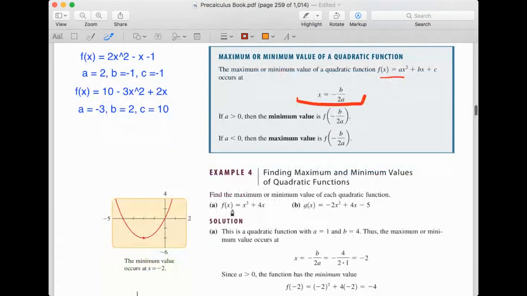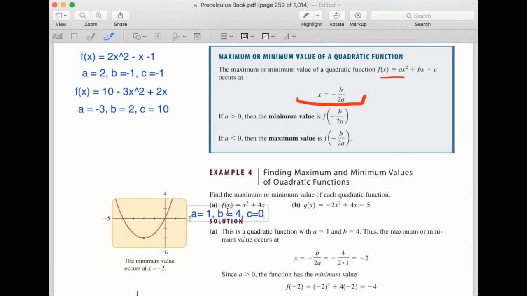So let's see those two questions. Let's figure out a, b, c here. For this one, the number before x squared is 1, the number before x is 4. What is the number itself?